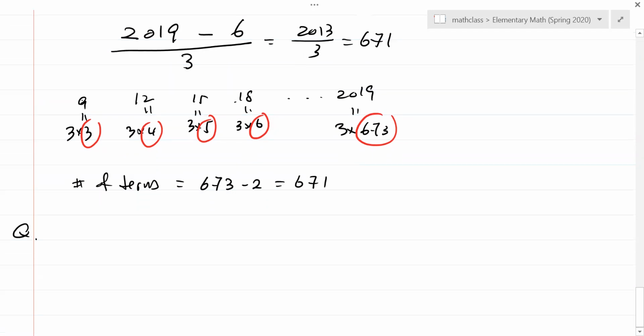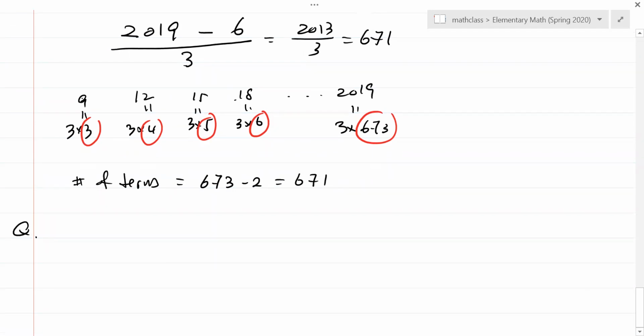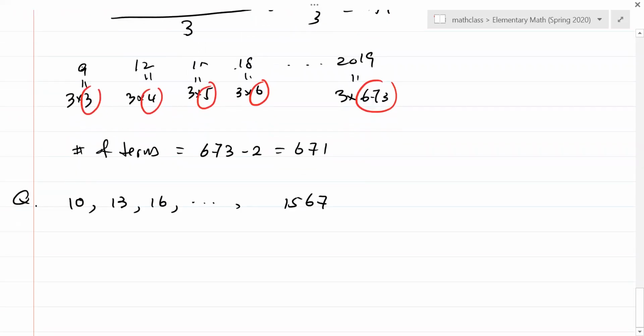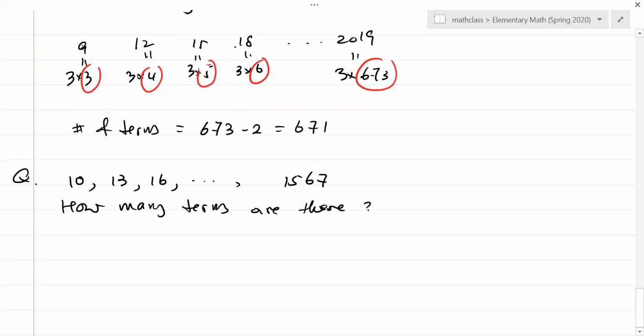All right, let me ask you to look at the following one. We begin with 10, 13, 16, all the way to 1,567, and every time we add 3. Now the question is, how many terms are there? Every time it's increased by 3.